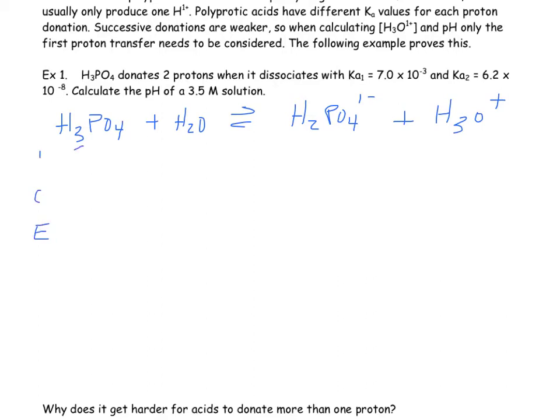If we have a 3.5 mole per liter solution, and we don't add any products to begin with, I can calculate the hydronium concentration by letting it be X, just like in the last example.